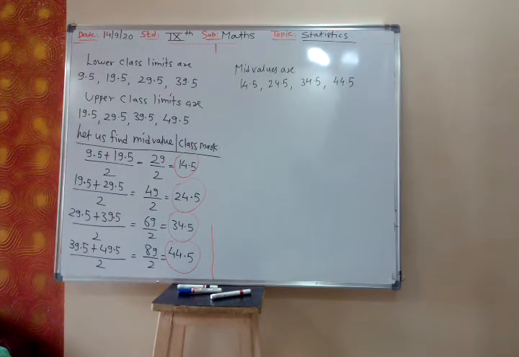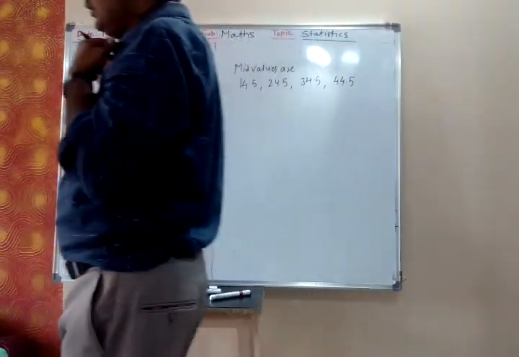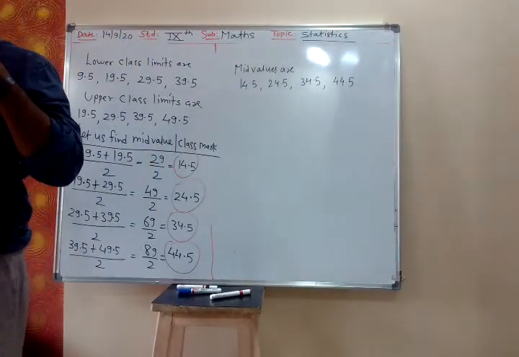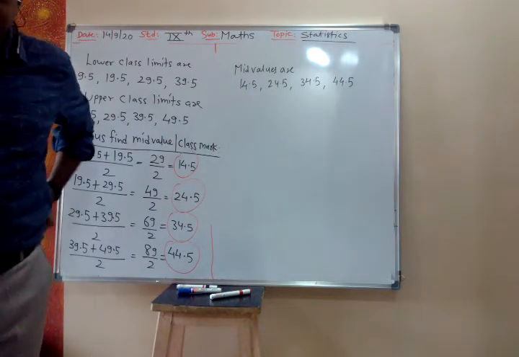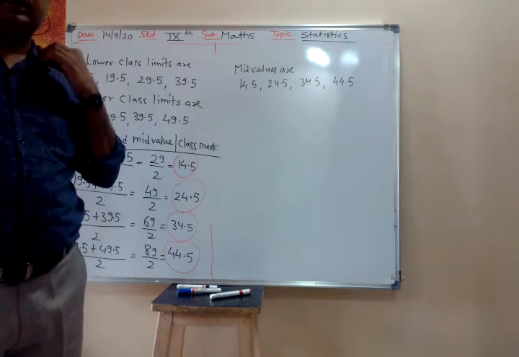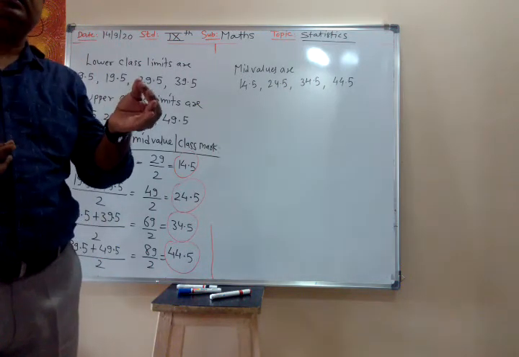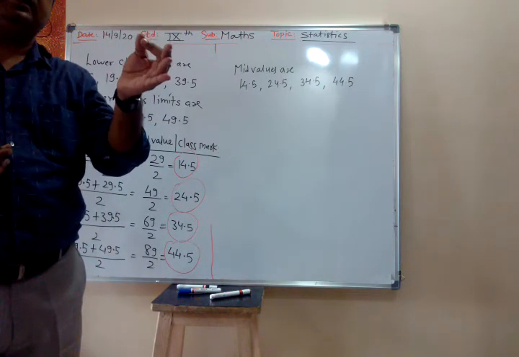Now do it. The formula for mid value or class mark: step by step you have to go. If the class interval is not continuous, you have to make it continuous. First you have to find the adjustment factor.